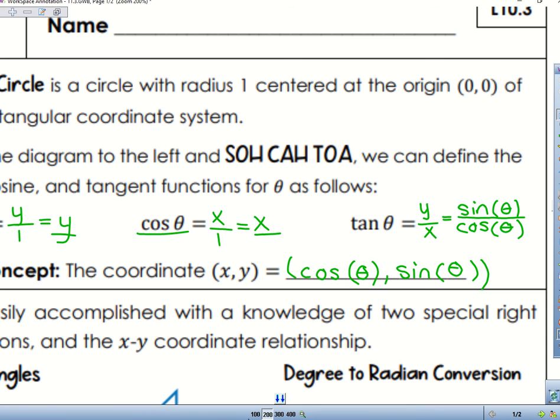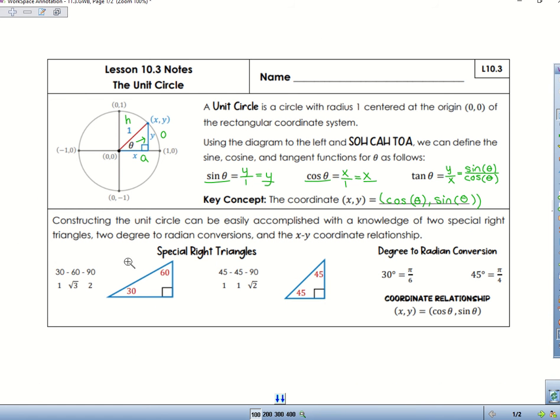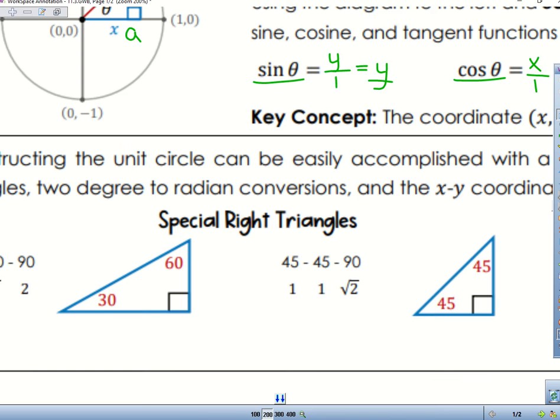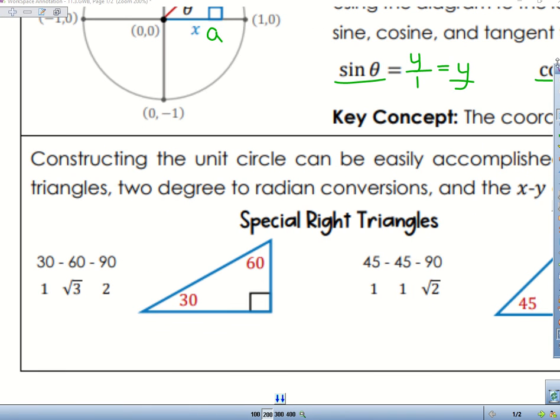Okay. So let's talk about how this is even relevant, what it has to do with anything. So we have this thing called the unit circle in math, and it's based around 3 triangles. Basically, really, it's just 2, the 30, 60, 90, and the 45, 45, 90. Now with these triangles, this triangle represents 2 types of triangles because essentially, this triangle could also be flipped on its side, okay?